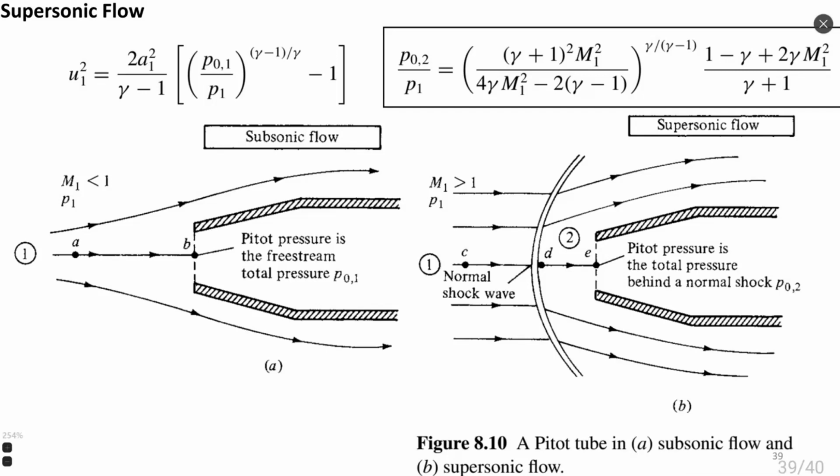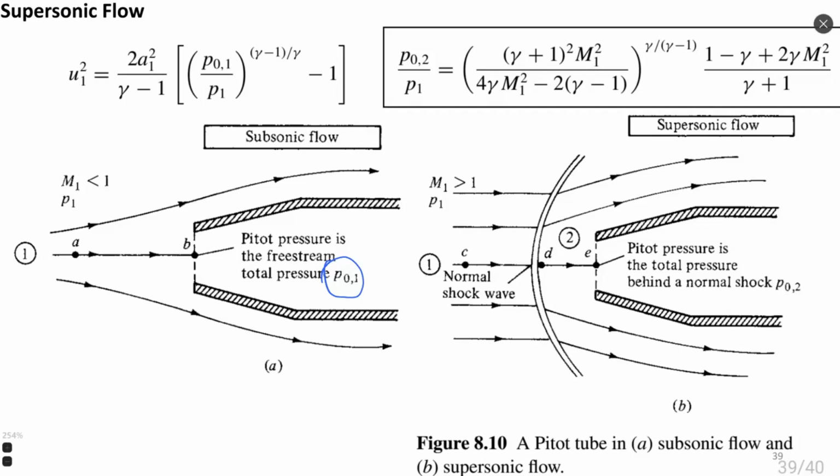For incompressible flow it is much simpler. For example, we have just the Bernoulli equation. We measure P01 inside this tube. We measure just stagnation pressure. And according to the Bernoulli equation, we can calculate velocity easily, right? Assuming that there is no flow movement inside the tube, we can do it.